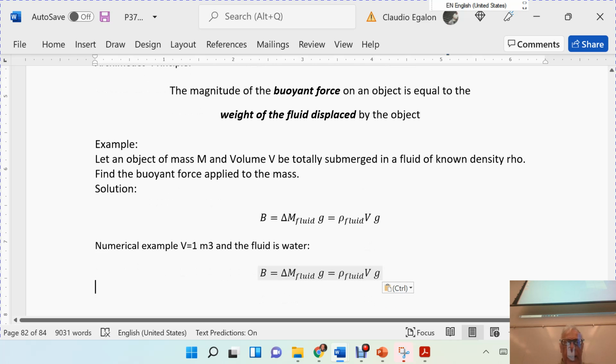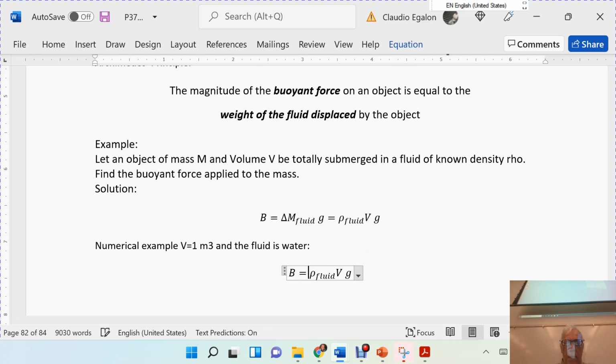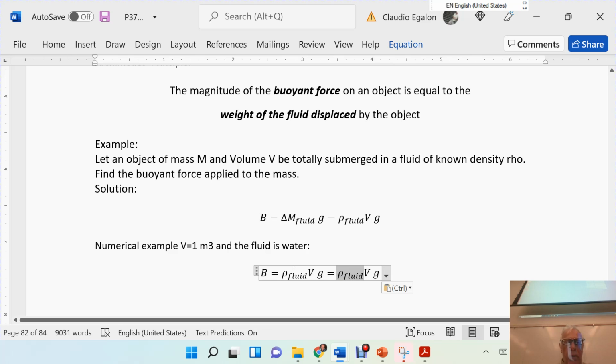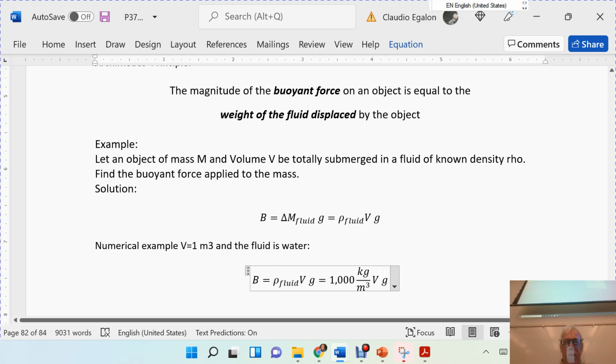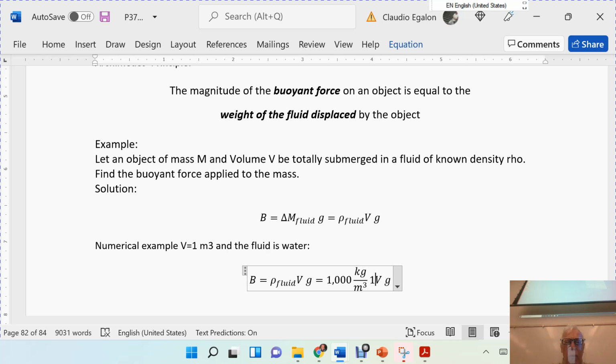The density of water is 1,000 kilograms per cubic meter, times 1 cubic meter.